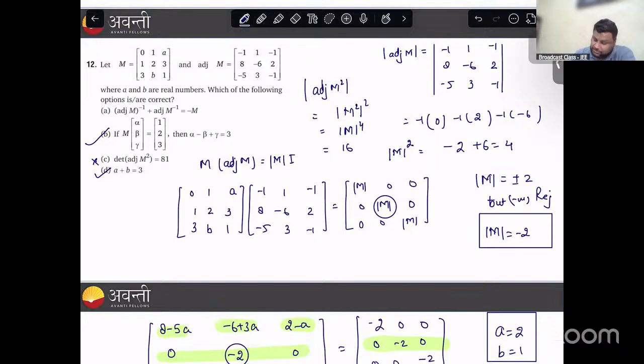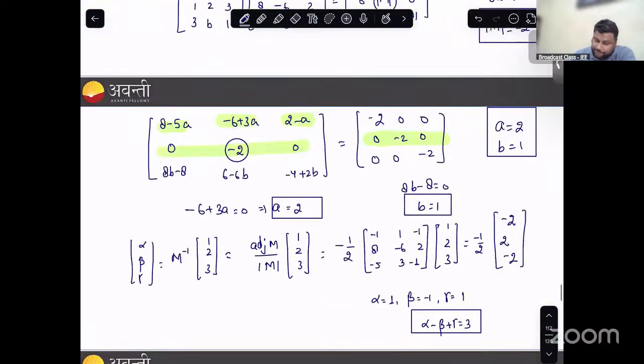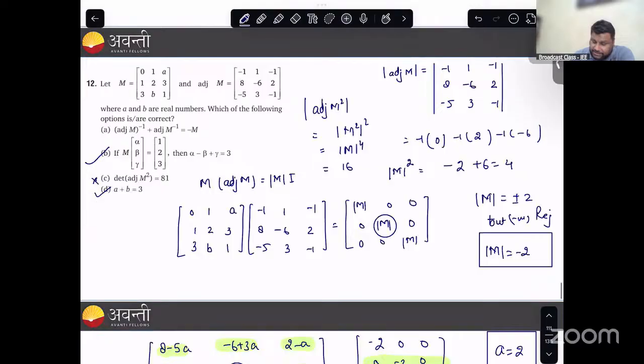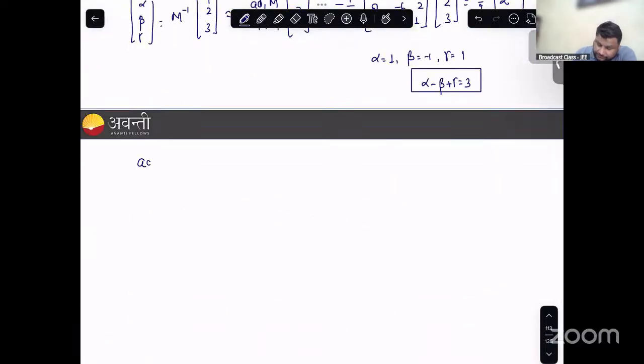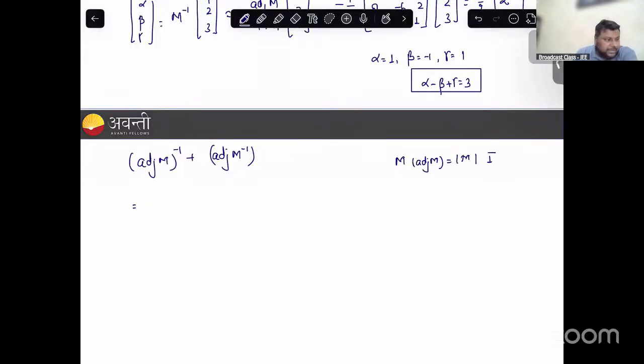Now for the first option, A option, they are saying adjoint M inverse plus adjoint of M inverse. Now I know that M into adjoint of M is determinant of M into I. Yes or no?